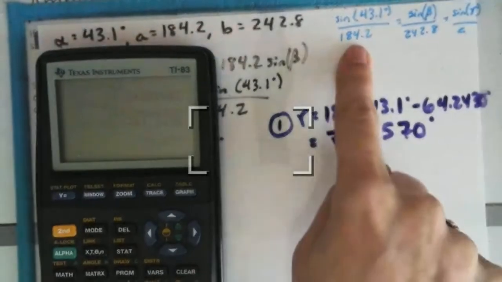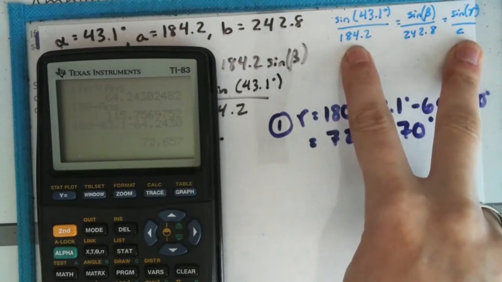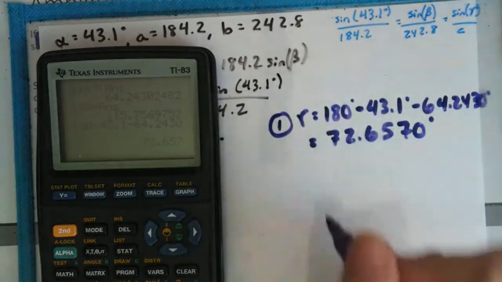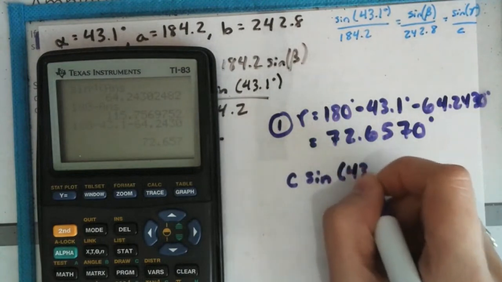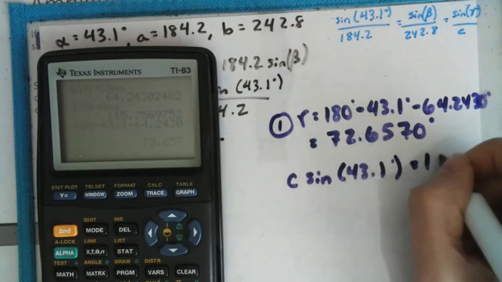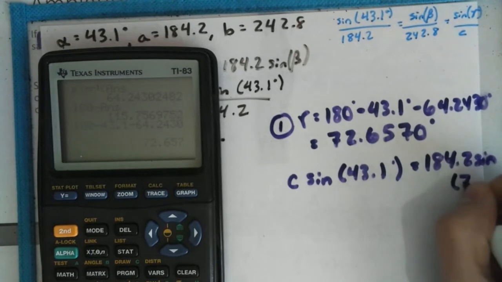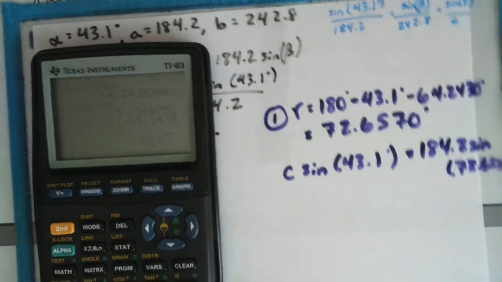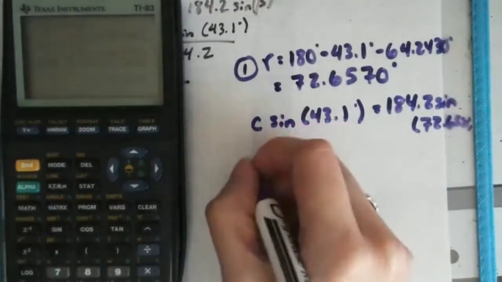Now I'm going to use my first and third terms here and cross multiply. If I do that, I'll have C times the sine of 43.1 degrees is equal to 184.2 times the sine of gamma. But we know what gamma is. Gamma is 72.6570. Sorry, running out of room. To solve for C, I divide both sides by the sine of 43.1.